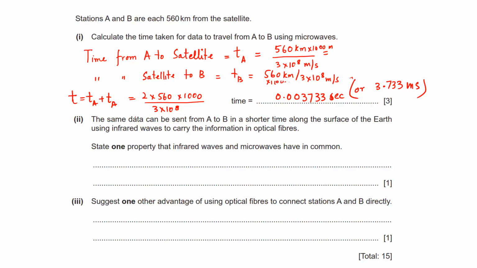Part 2 says some data can be sent from A to B in a shorter time along the surface of the Earth using infrared waves to carry the information in optical fibers. State one property that infrared and microwaves have in common. So both infrared and microwaves are electromagnetic waves.